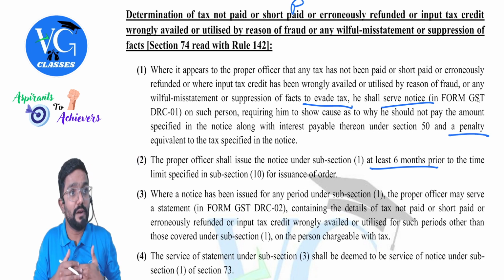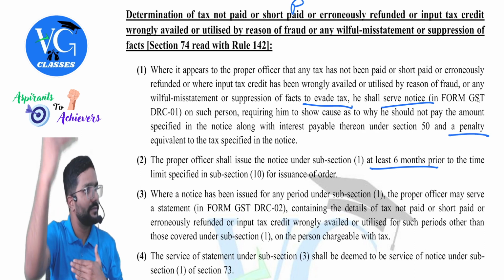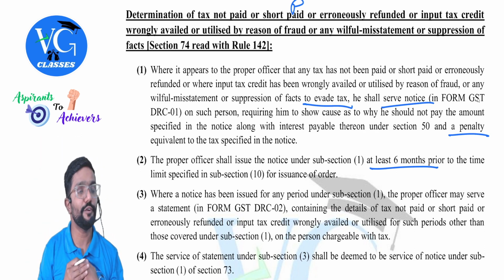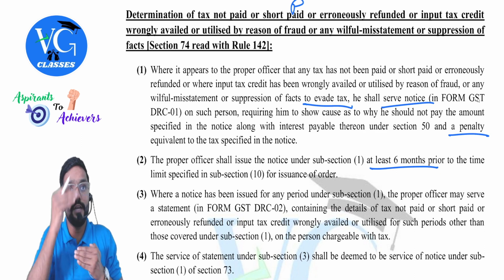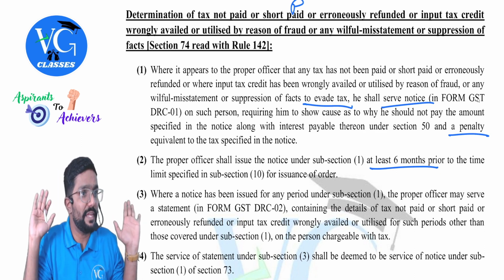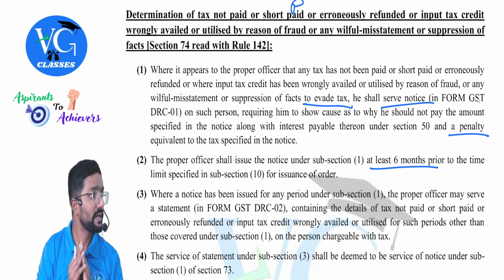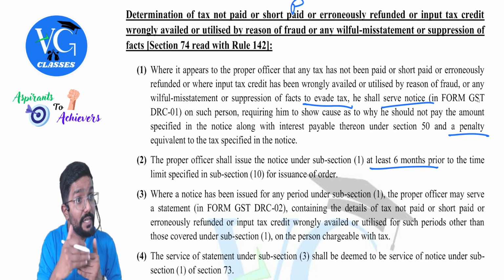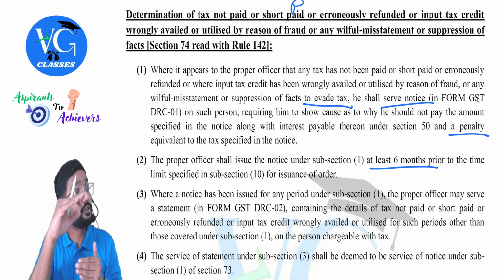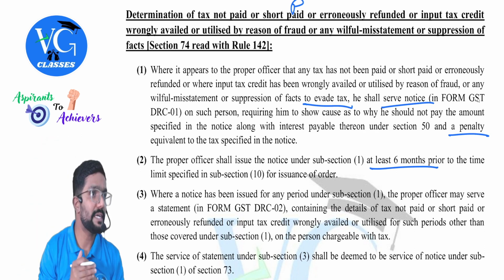Whatever is the time limit to pass order? At least 6 months before that. Means simple. For order and notice, more than 6 months gap has to be there. Or sorry, at least 6 months. 6 months or more gap should be there. Clear? Means it should not be issued within that 6 months. It should be issued earlier than that.